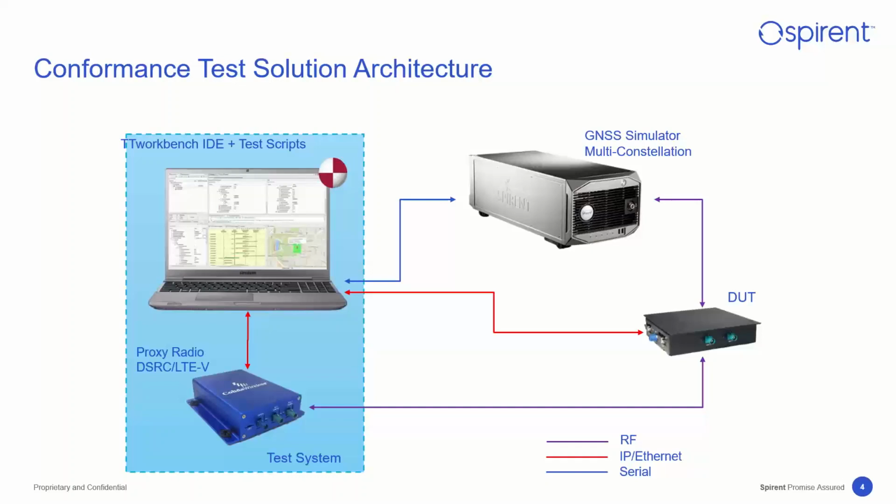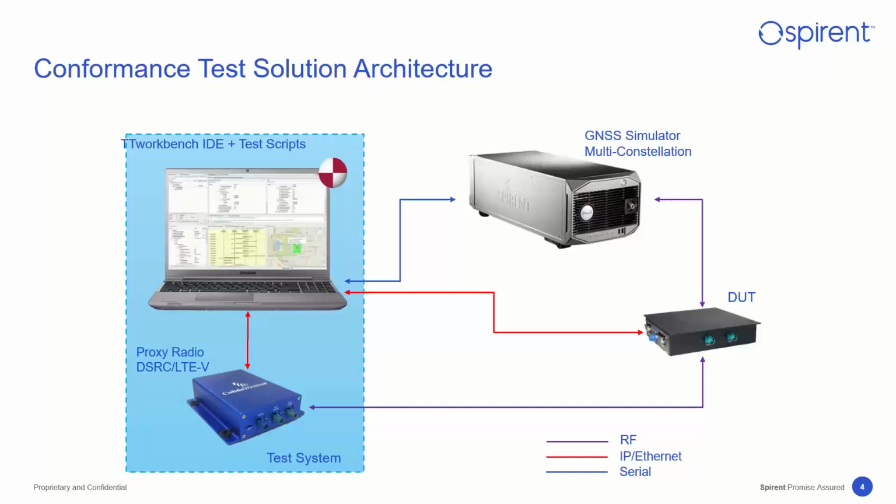You could pretty much take any piece of DSRC or LTE-V hardware there, as long as it implements the interface that we require. Actually, for the US, there's a TCI proxy specification which we support, and that's pretty much transparent, independent of the vendor.